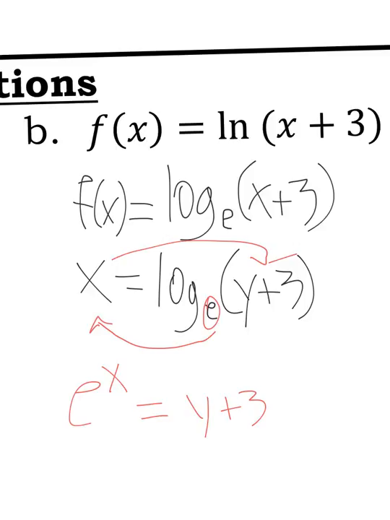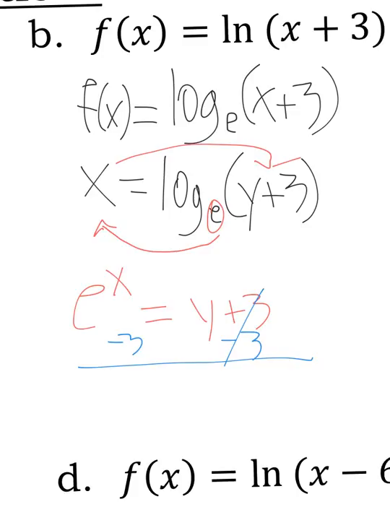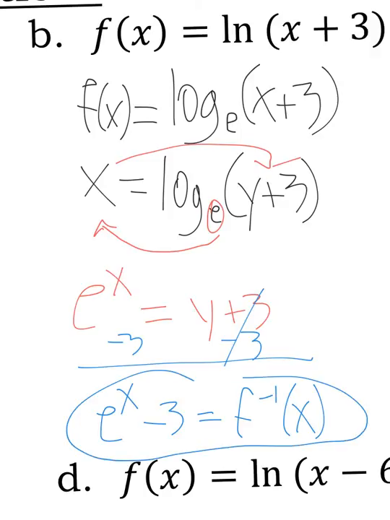So the next thing I need to do is just get y by itself. So I can just minus 3. And so the answer is simply e to the power of x minus 3 equals y, or equals g of x, or no, I guess inverse technically would have f to the power of negative 1 of x is the proper way of writing that. But yeah, that would be the final answer right there.